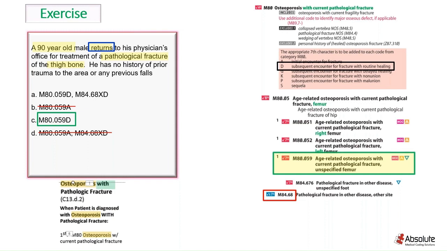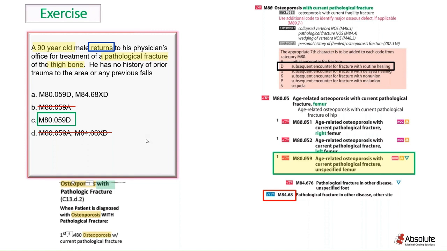And we have M84.68, which is coding for a pathological fracture in other disease, other site. If we already have a code for age-related osteoporosis with current pathological fracture, is it necessary to give another additional code that again indicates a pathological fracture in other disease, other site? What do you think, coders? Is that required?